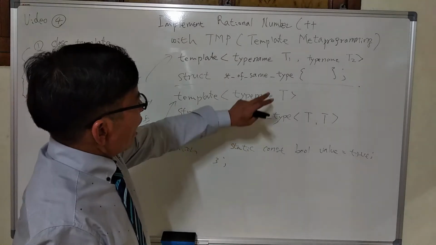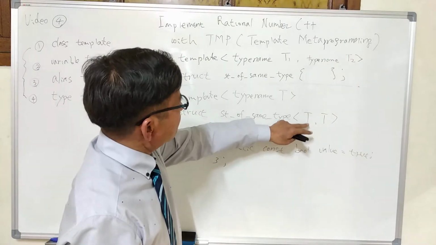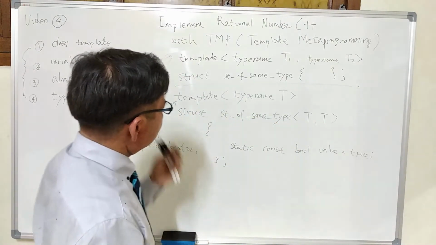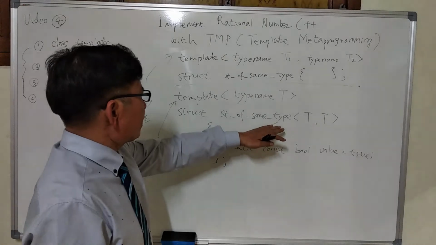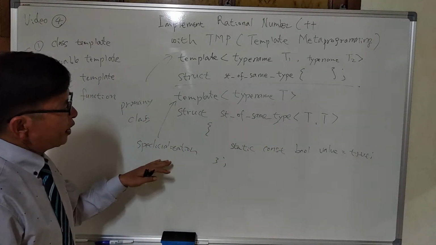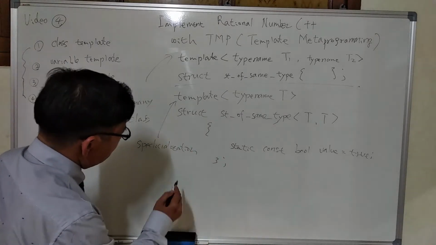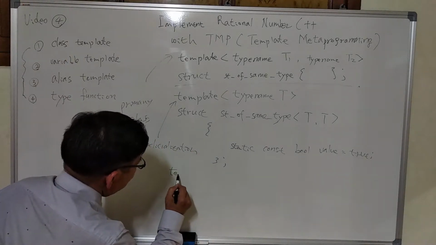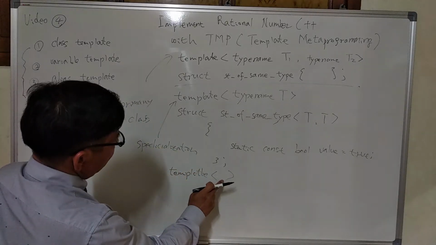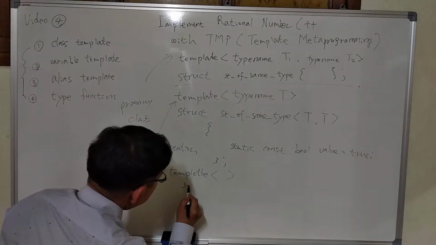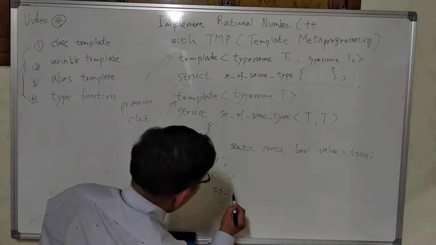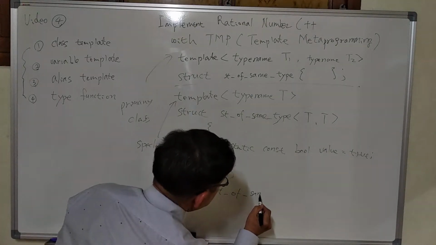This is partial specialization. Partial specialization means template type is still used. There is another specialization, but this is partial specialization. There is another specialization called explicit specialization. For example, if we create another template specialization, template, here we can have empty list, then struct, the same name, ST, of same.